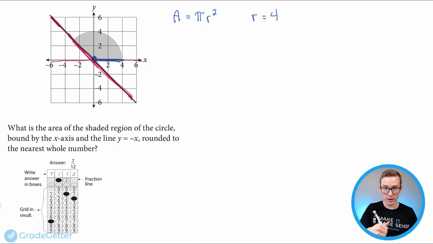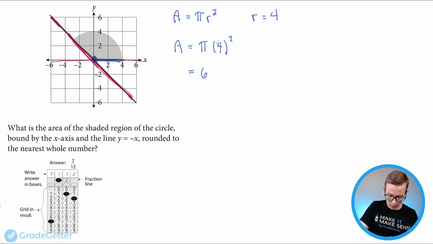So the area for the entire circle would be A equals pi r squared, where r is 4, so pi times 4 squared, and 4 squared is 16. So the area for this circle would be 16 pi. Okay, but we're not figuring out the area of this entire circle. We're figuring out, again, the shaded region of this circle.